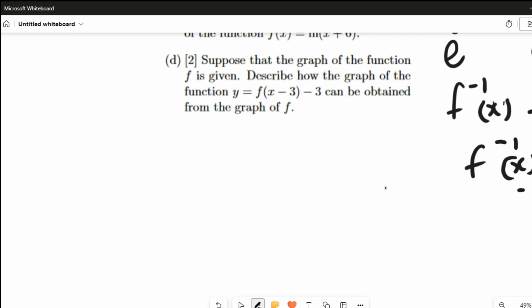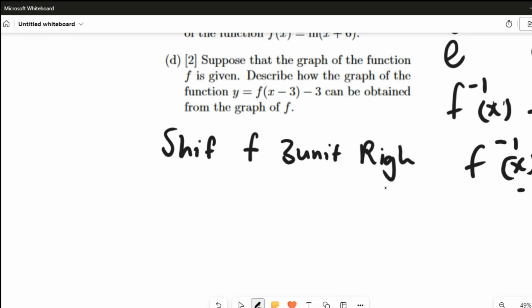You are shifting, replacing x with x minus 3. You are shifting the function f 3 units. To which side? To the right. Why to the right? With a minus sign here, you move the function 3 units to the right. That's how it works.